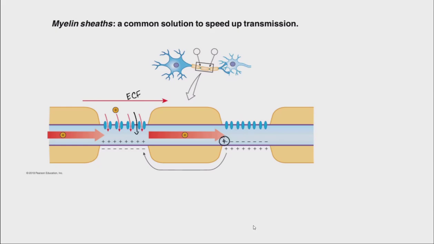Why does the charge zoom over to the other side? Well, you can think of this like a tunnel. The myelin sheathing is actually three-dimensional, so it's covering all of this. It's creating a tunnel, and it's a tunnel of lipids. The ions hate lipids and lipids hate ions. When you're in an environment that you hate, you want to get out of there as soon as possible.